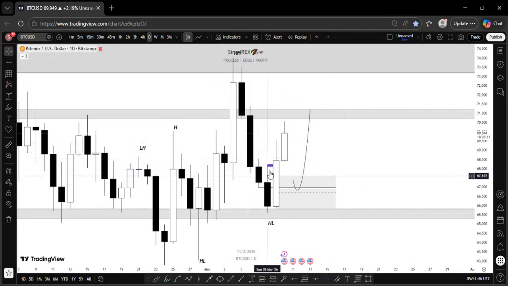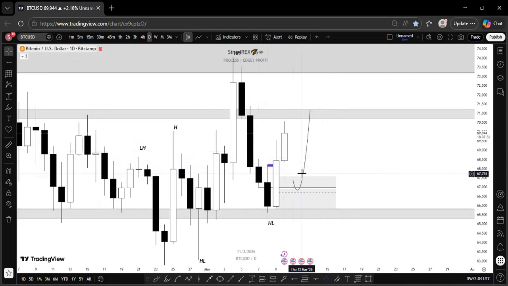The body of yesterday's candle has closed above the wick of the previous day's candle, which is a good indication to us that price is really ready to push to the upside.